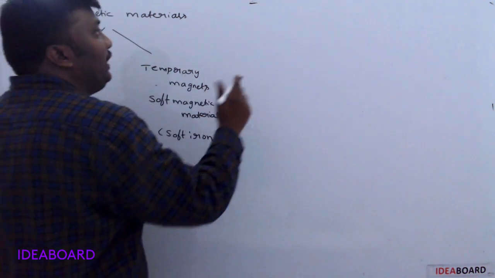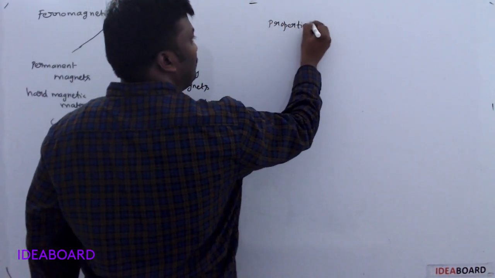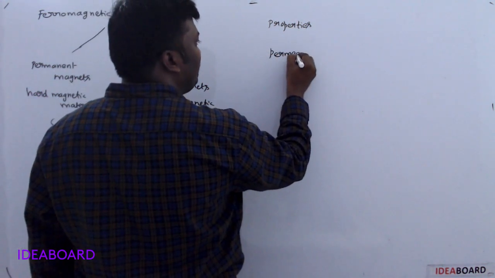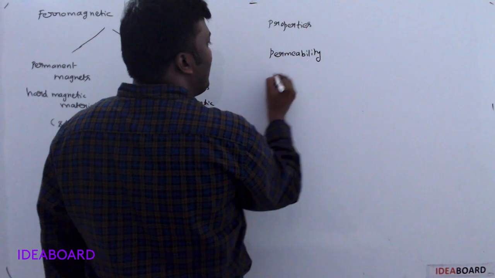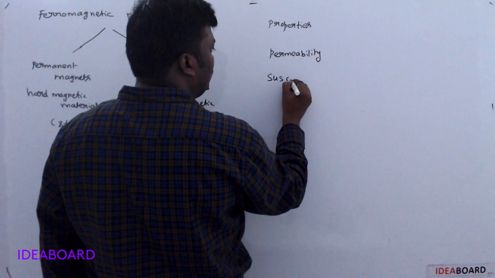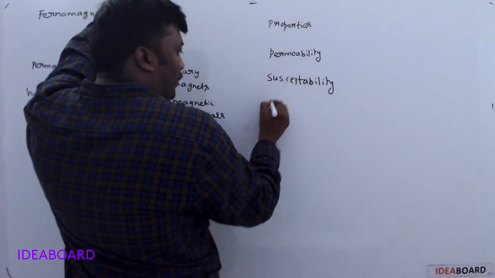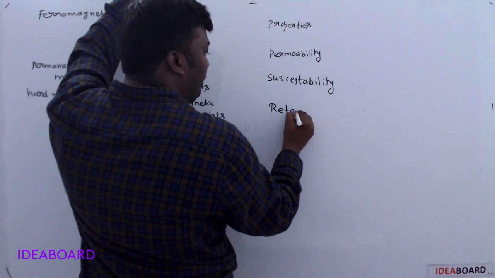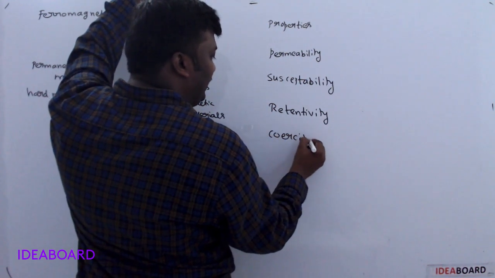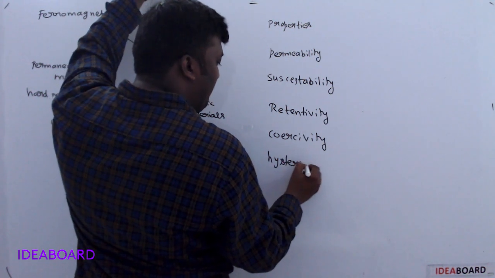Now, we have understood certain properties until now. We discussed properties like permeability, susceptibility, and now retentivity, coercivity, and hysteresis loss.